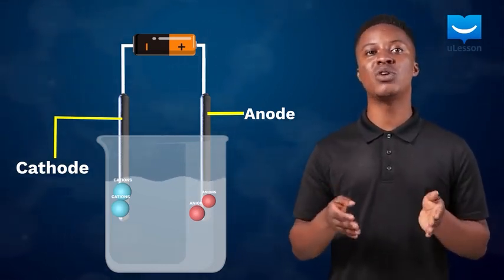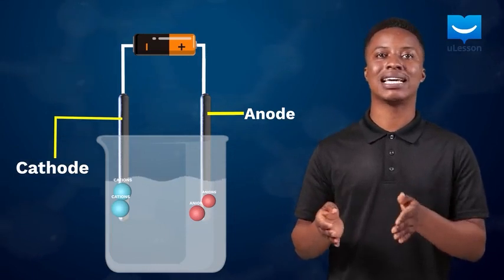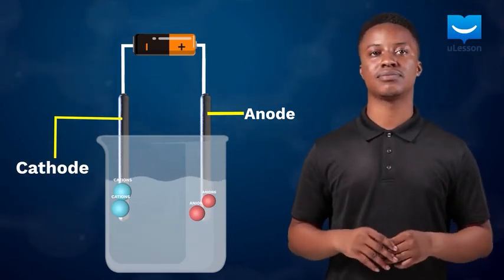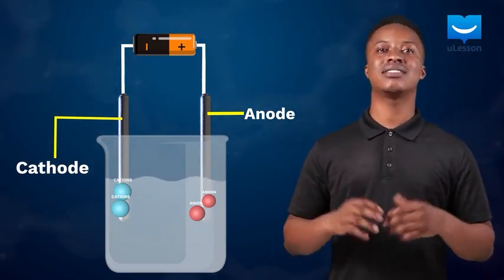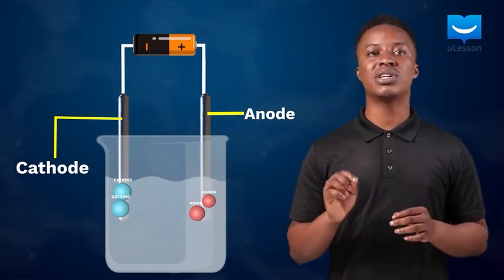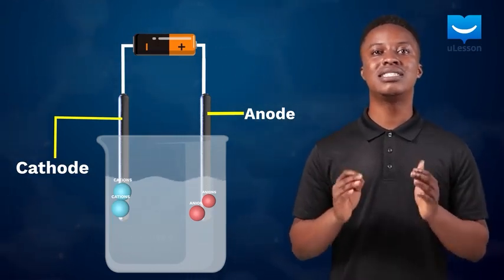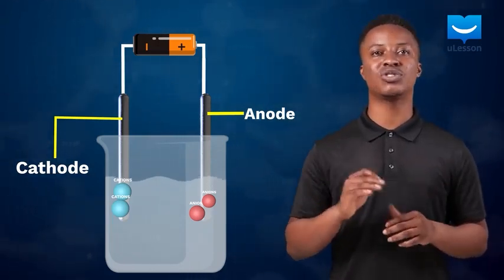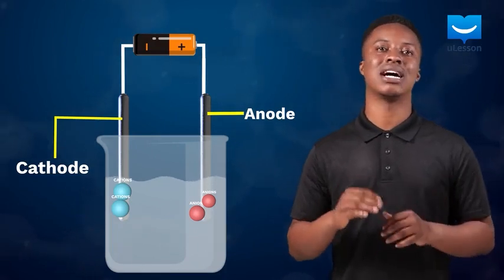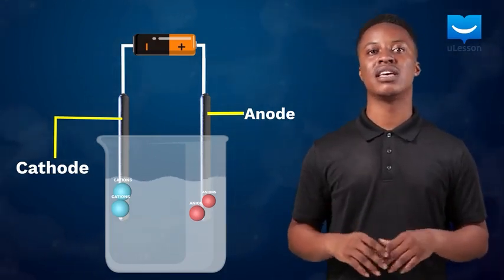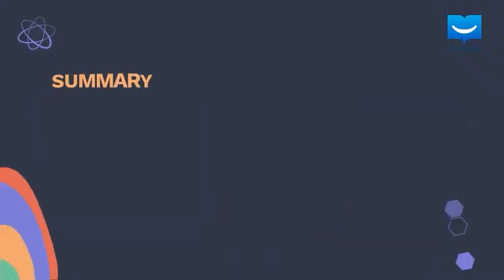It is like pouring water from the bucket back into a water tank. So, as you can see, the discharge of positive and negative ions take place when an electric current is passed through an electrolyte. Let's summarize what we've learned thus far.